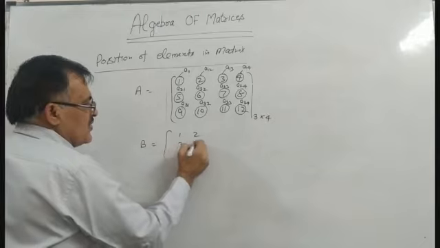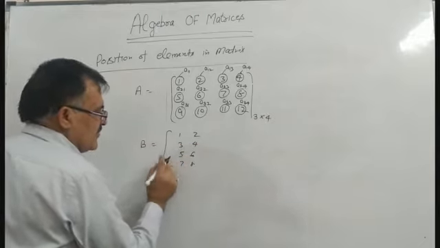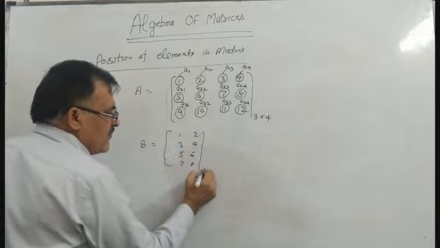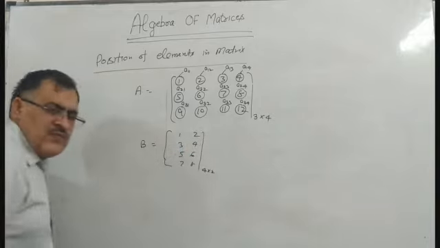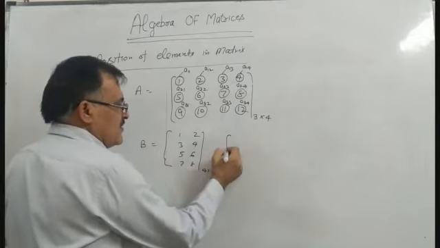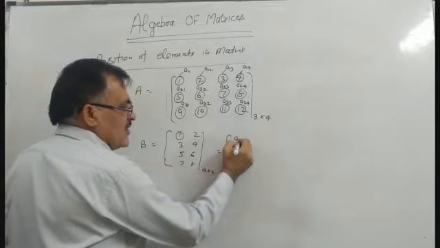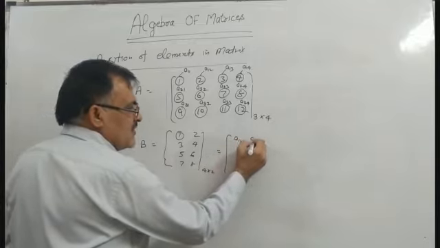1, 2, 3, 4, 5, 6, 7, 8. A matrix of this type, order 4 into 2. Now the address of this. This is the first row, first column. We can write A11. This is A12.